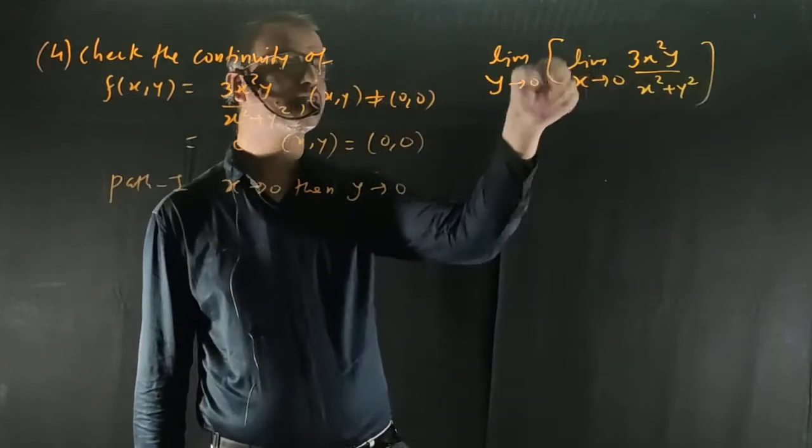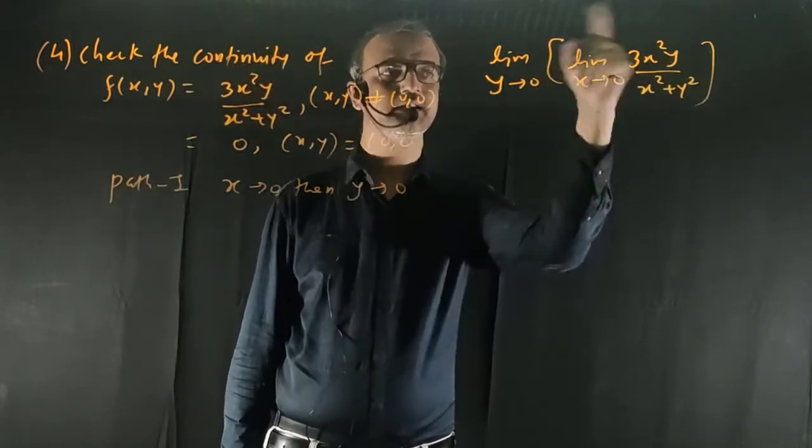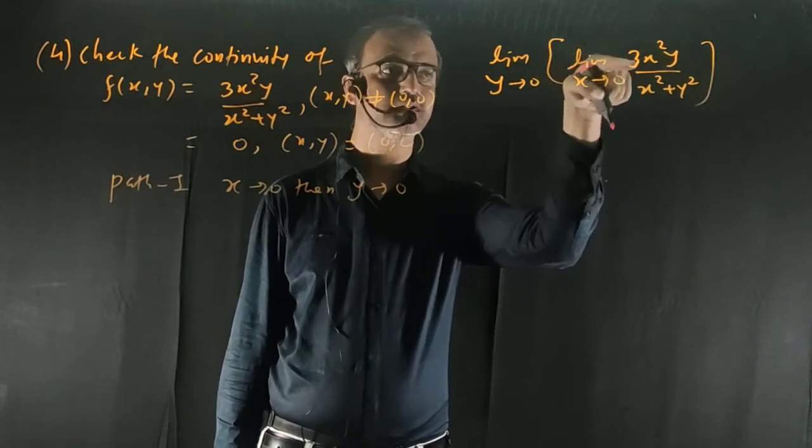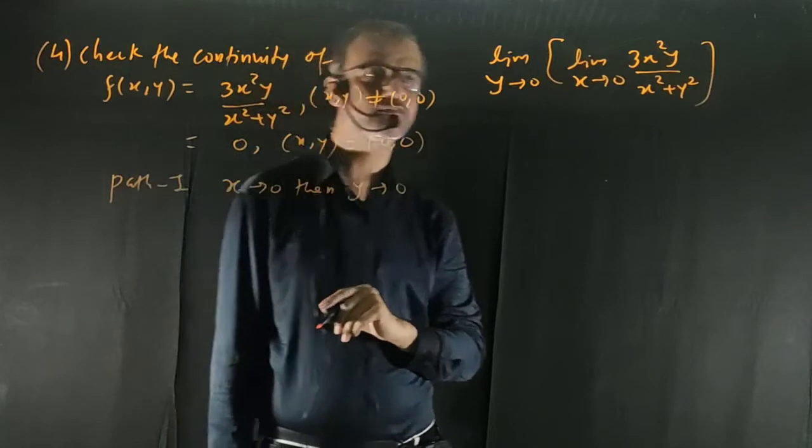Okay. Now first of all, we will find out the limit of this function as x tends to 0, and then after simplification, the limit of that particular function as y tends to 0.